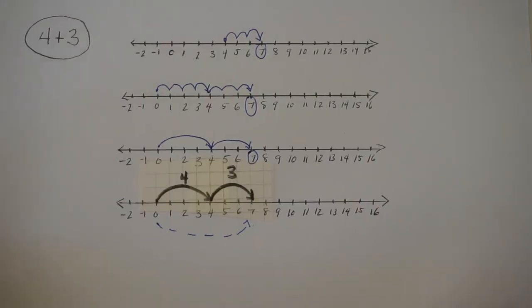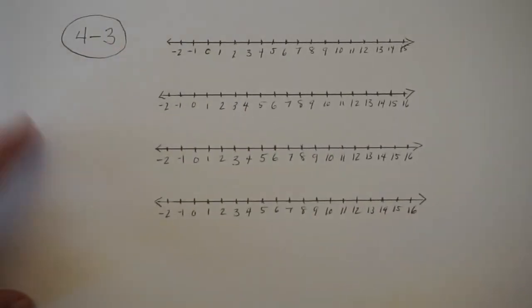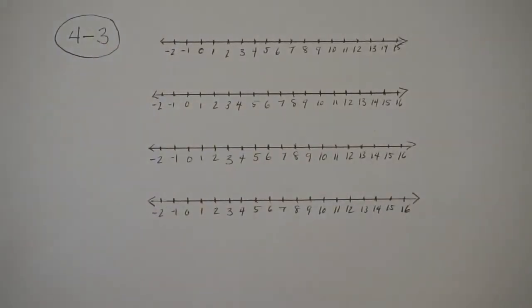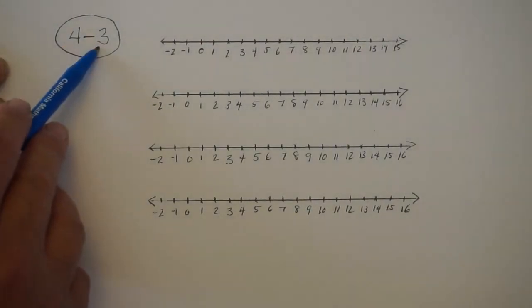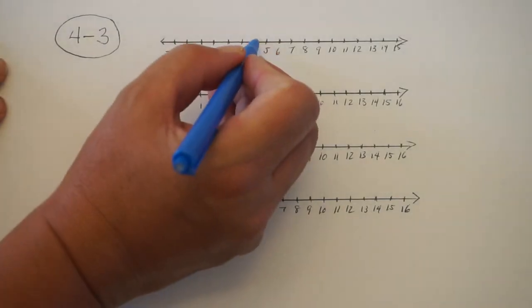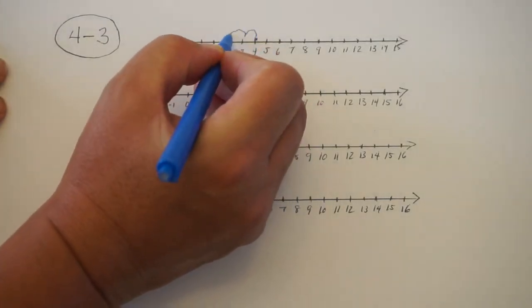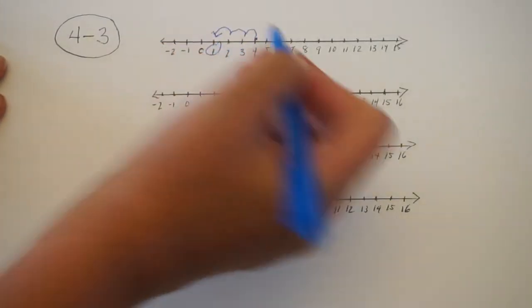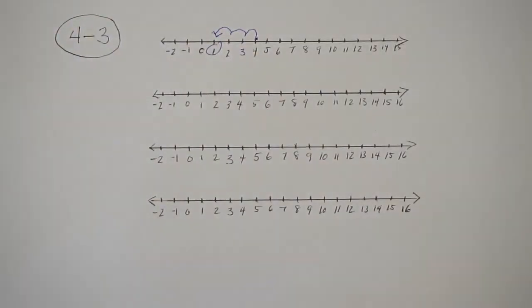So moving on to our subtraction. Again, sort of an intuitive way to do this might be to say, start at 4 and take away 3. So you're going to start at 4 and you're going to hop backwards 1, 2, 3, and we get a result of 1, which we know is correct.